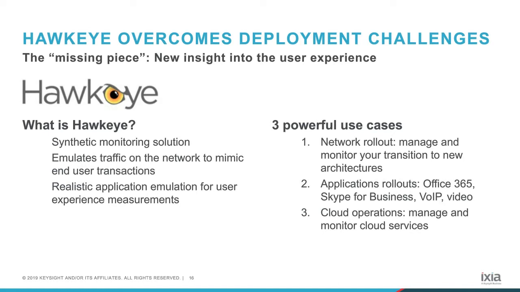With the Hawkeye tool, we can simulate all these things and help you assess your network, not only for the SD-WAN part, but also for the new application rollout. We can also test your traffic going to the cloud, whether public or private. We have different ways to emulate traffic reaching cloud applications that can be part of all this simulation.